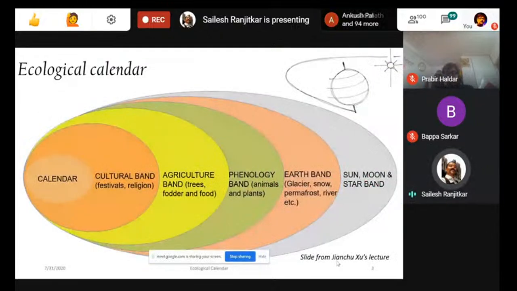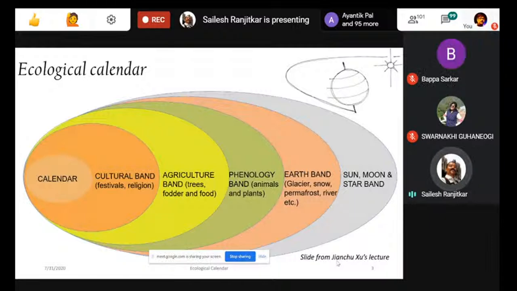So when we talk about the ecological calendar, we talk about different bands. The cultural band includes the various festivals, religion. The agricultural band includes how trees are grown in the local area, what are the fodder and the food resources.